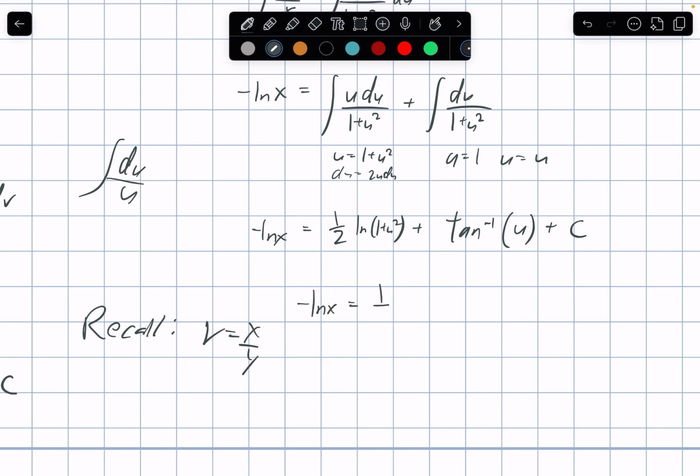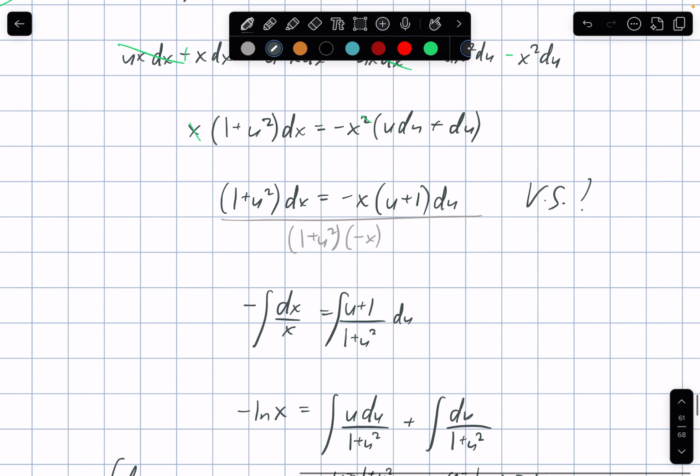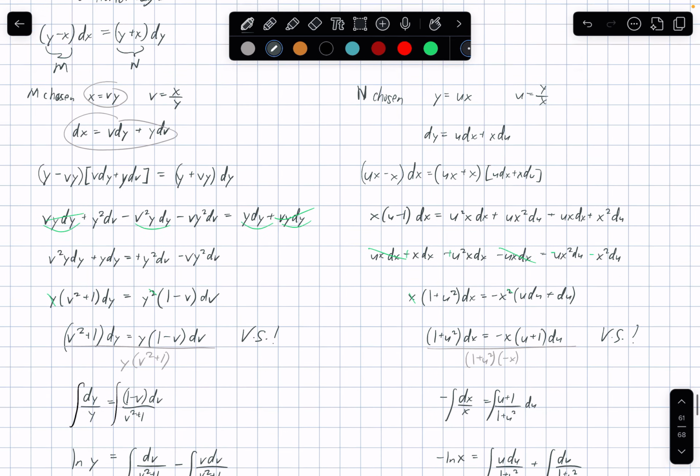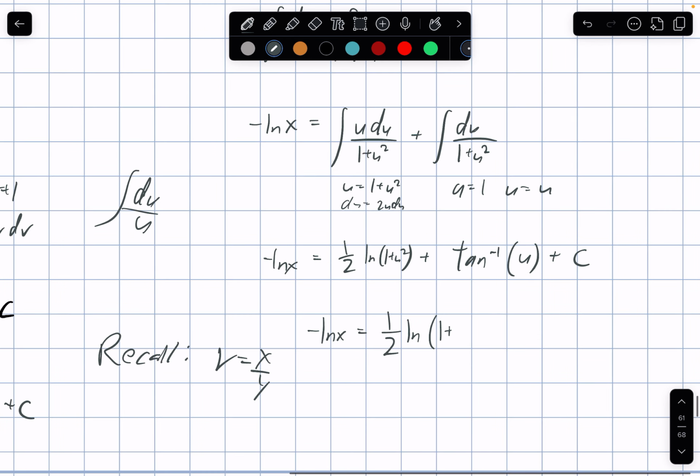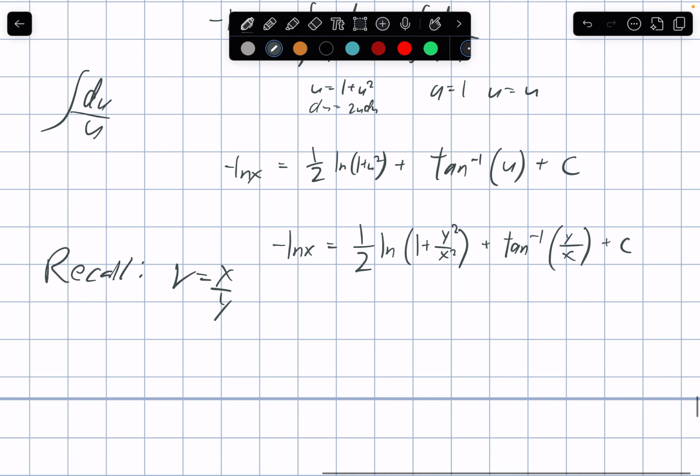Then 1 over 2 ln 1 plus u is what? Y over x, y squared over x squared plus arctangent y over x plus c.